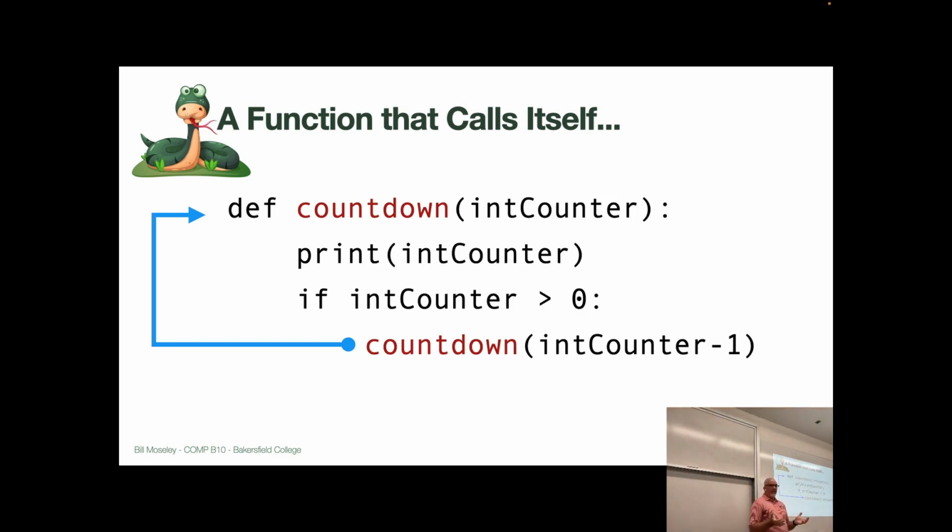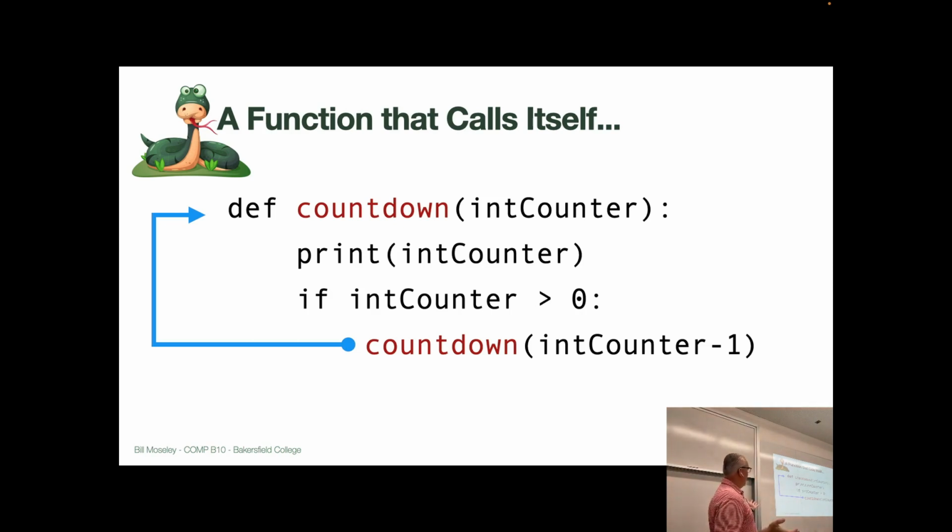And essentially, recursion in computer science or programming is a function that calls itself. So that's kind of weird to begin with if you think about it. If I have a function like this countdown counter, it'll take a number as int counter, and it will count down to 0, printing out each number in succession.